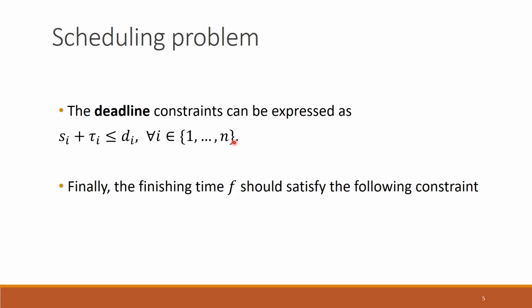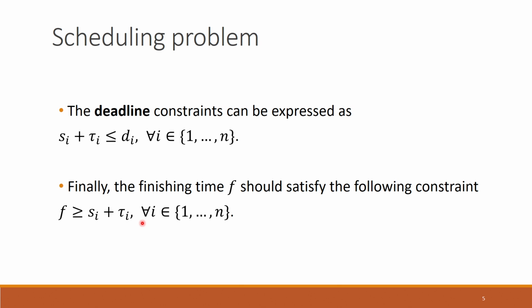And finally, we also need to define this finishing time f here. If you remember, finishing time f is that time at which the last task gets executed among all of the tasks that we have, okay. So, the finishing time f should be greater than or equal to the starting time plus the time it takes to execute a particular job ji, and this should hold for every job ji, okay.